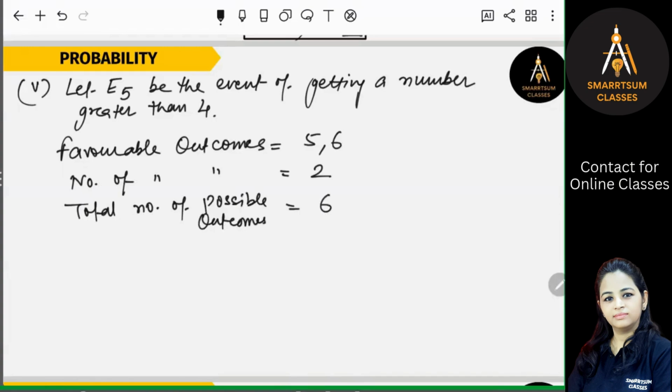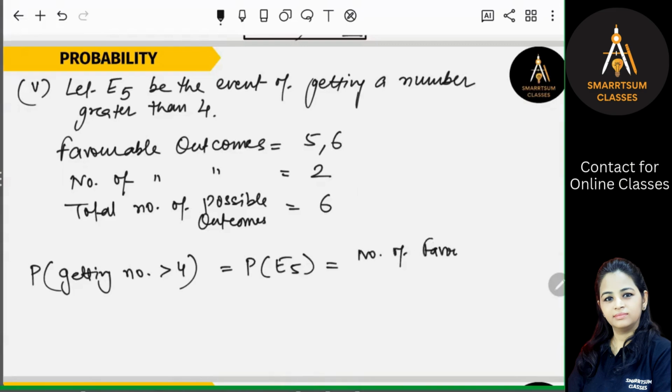Getting it? So we can find the probability of this event occurring, that you are getting a number greater than 4. That means P(E5) is equal to, again, the number of favorable outcomes divided by the number of total outcomes.